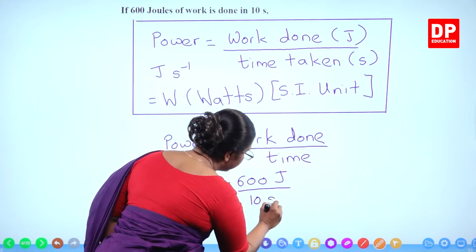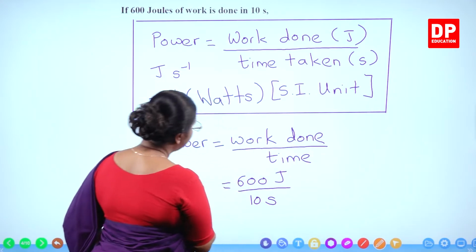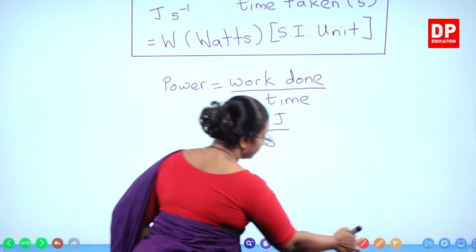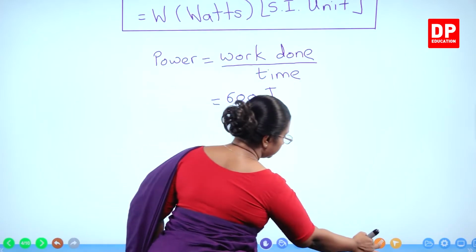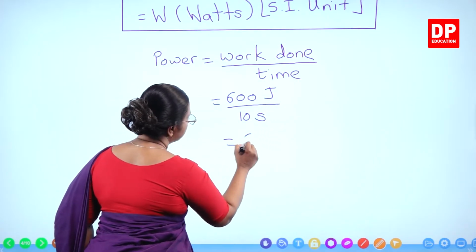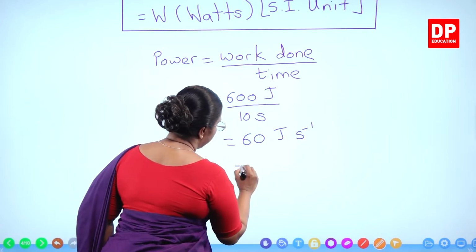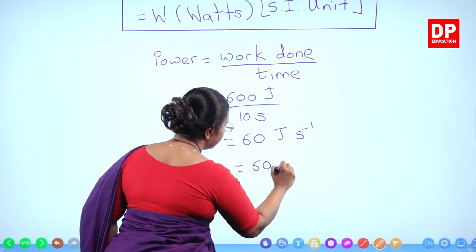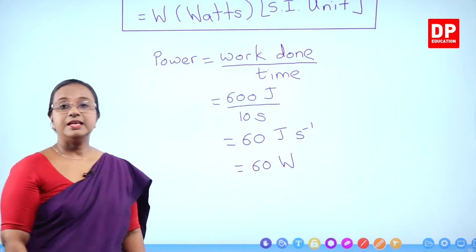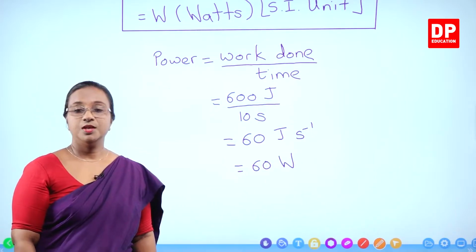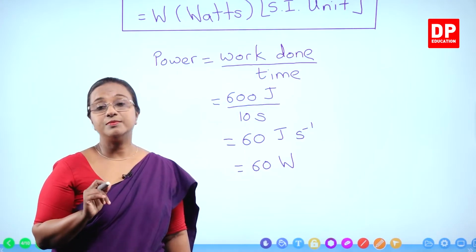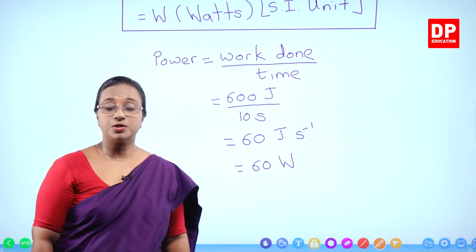So that will be equal to 60 joule second minus 1, and that's going to be 60 watts. Is that okay? So the power at which the work is done is 60 watts.